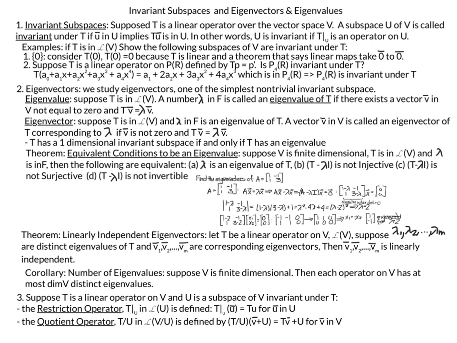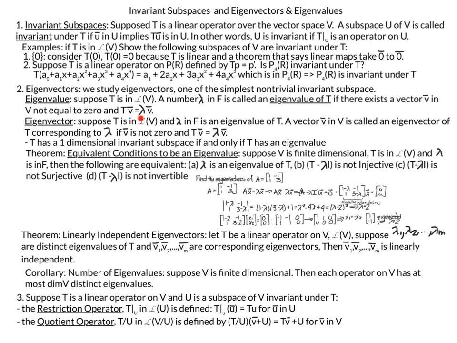That is, T of v is a scalar multiple of v. So T scales v; it does not rotate or do any other type of transformation other than scaling. Then this vector v is called the eigenvector.